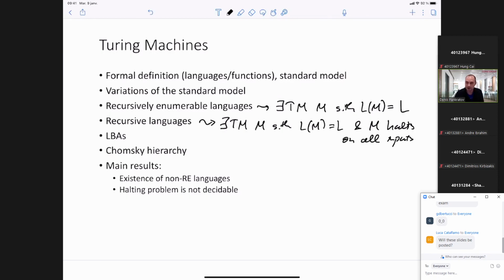So your machine should never enter an infinite computation. Okay, definition of linear bounded automata. It is essentially a Turing machine using linear space. And here linear means in the size of the input.